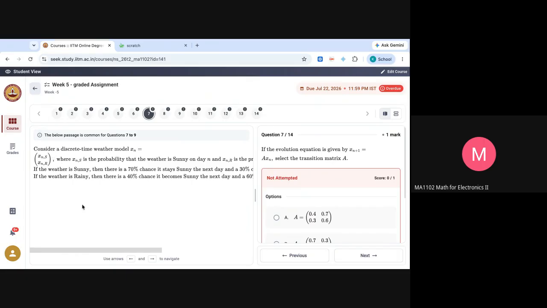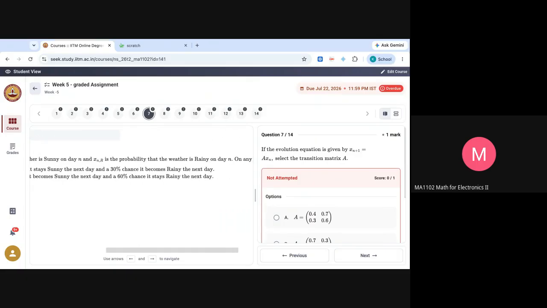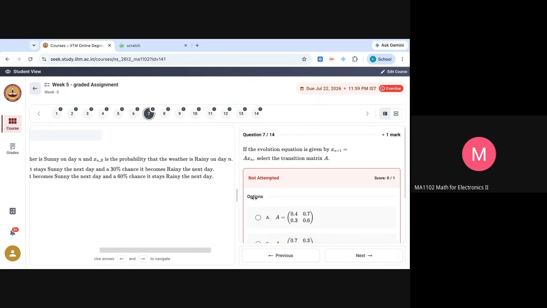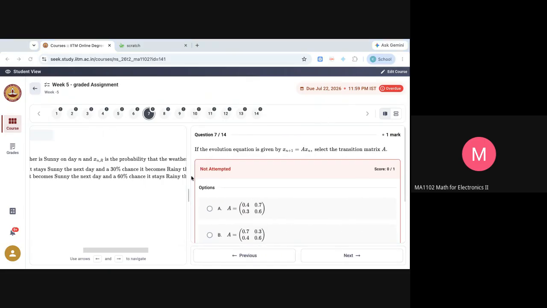Discrete time weather model where XNS is the probability that the weather is sunny on day n. Just give me 1 minute. They have formatted it very inconveniently.